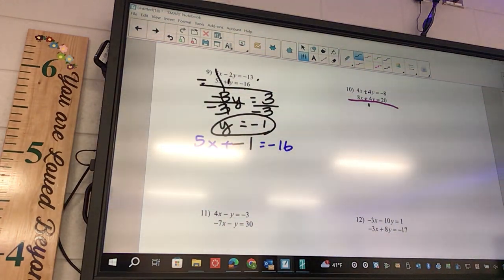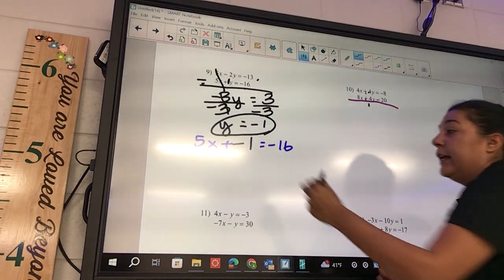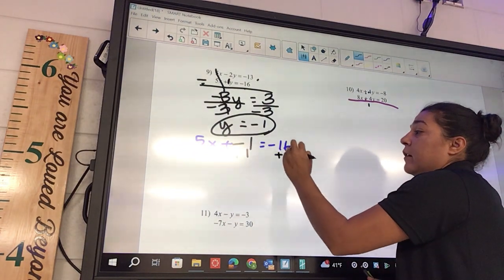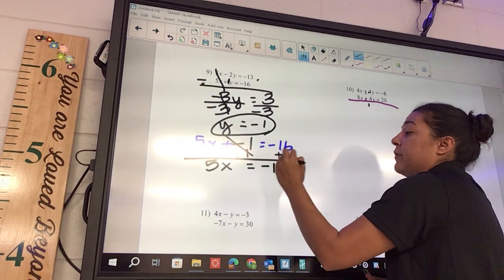Okay, then what needs done? This one looks funky because we have a plus minus, but the minus trumps the plus. So yep, you're gonna add it. So we're gonna get 5x equals negative 15.